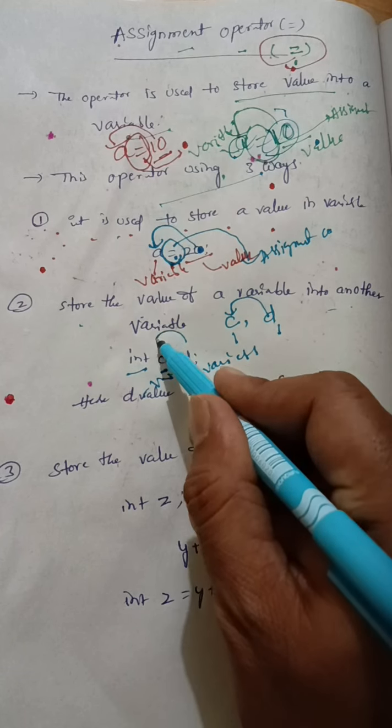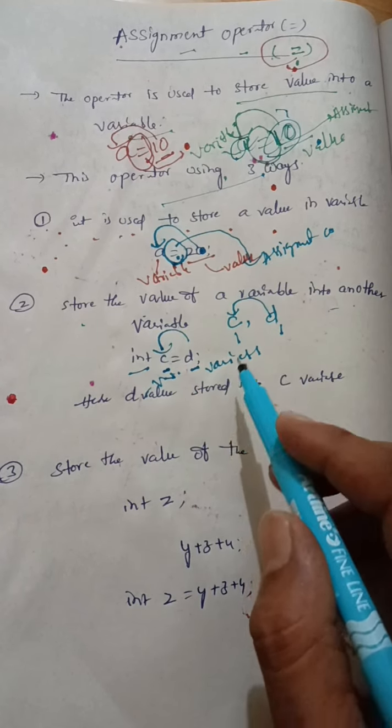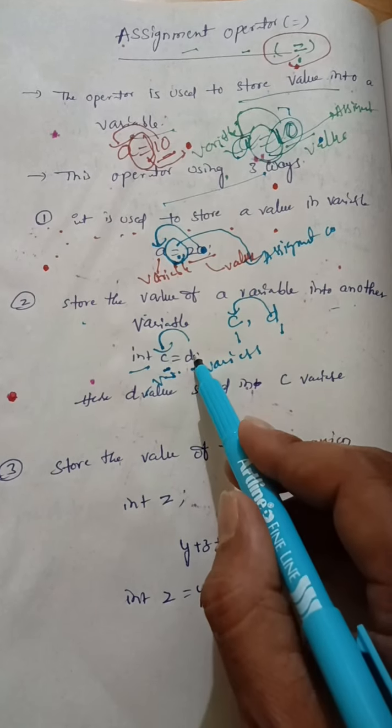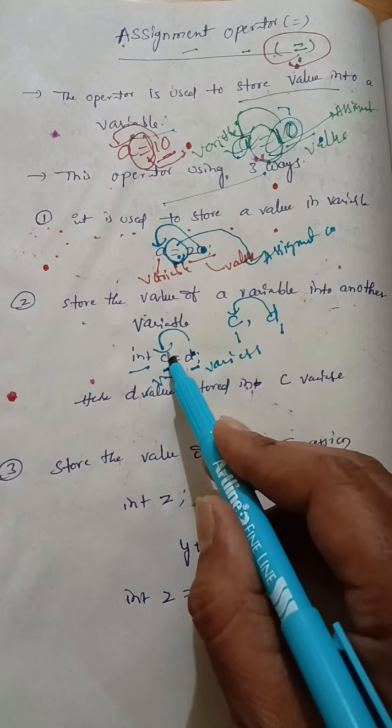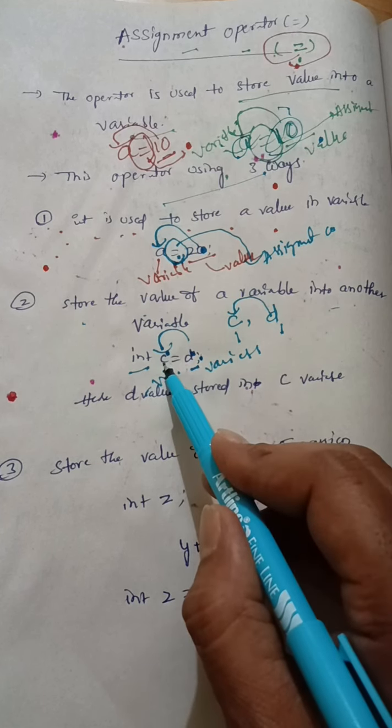The value of D is stored into C. This is called variable into variable.